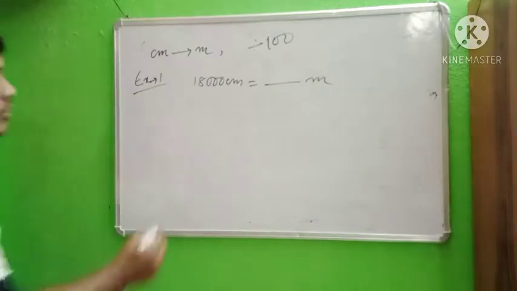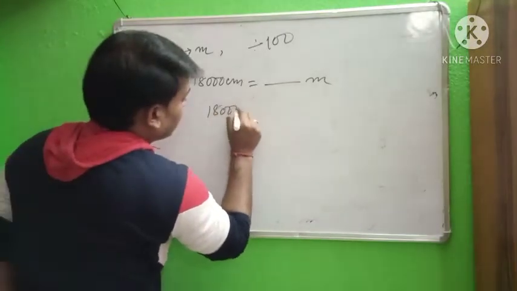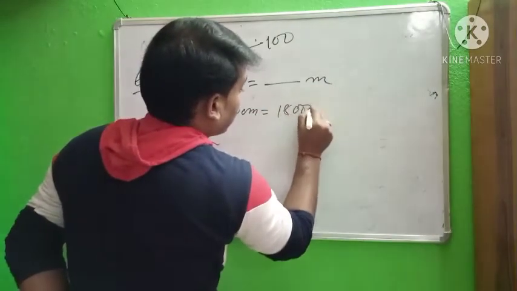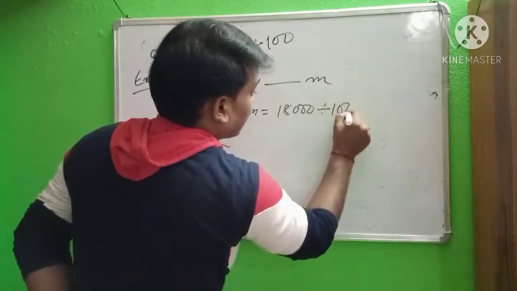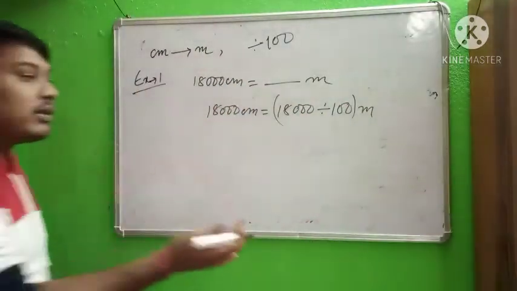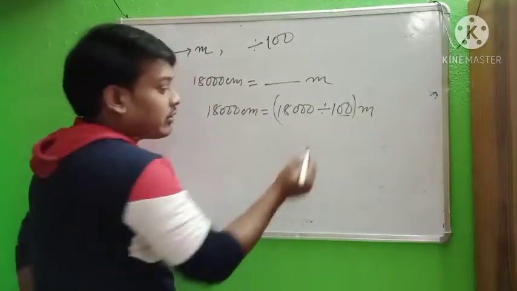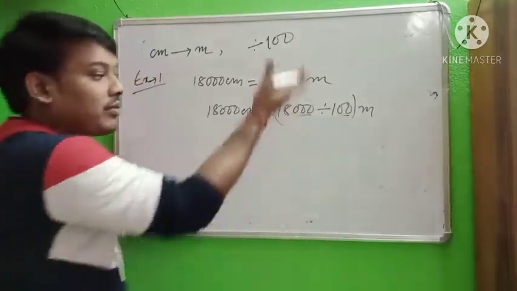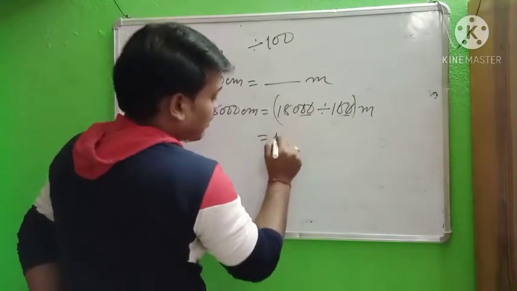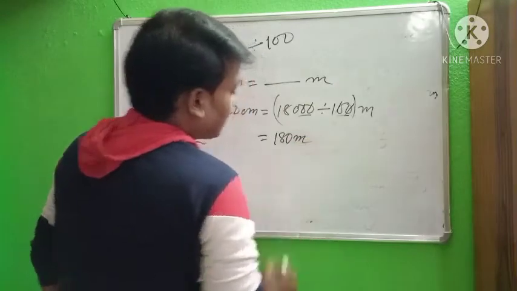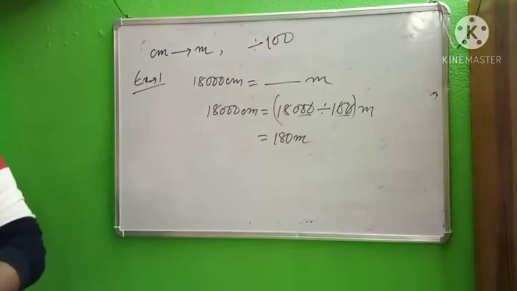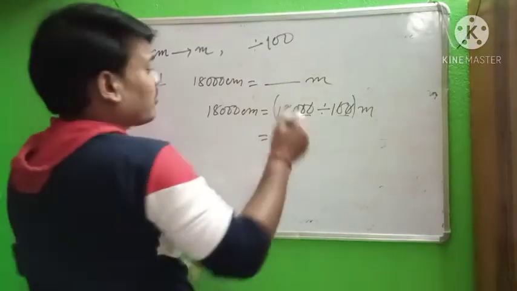Very easy. If we divide 18000 centimeter by 100, then it becomes meter. As in the division chapter, we know that here 00 and here 00 vanish. No need to divide as usual. 00 vanishes, so 180 is the answer. So 180 meter. So if 00 is at the last, then there is no problem. It is very easy to convert into meter.